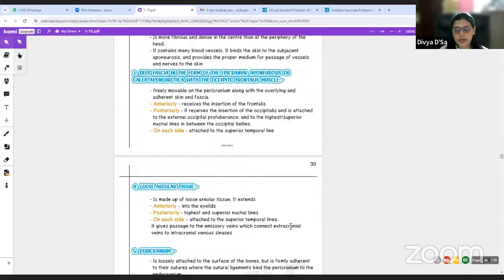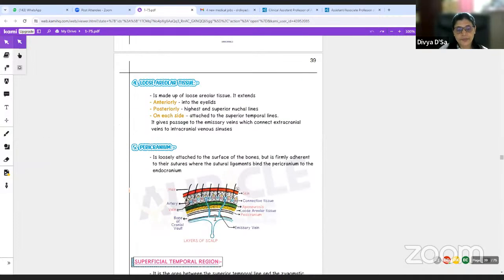And this loose areolar tissue layer has emissary veins which connect the extracranial veins to the intracranial venous sinuses. So why they connect is basically to maintain the pressure, to balance the pressure difference between the external, extracranial and intracranial veins.